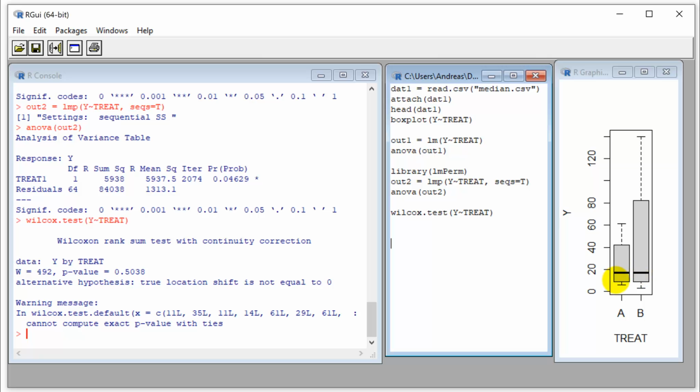So let's pretend this is an economic experiment, and I create some policy to raise the median income of a certain region. And let's say in this case, this is my before treatment here, and this is my after treatment. And I'm asking, has this policy made any difference?